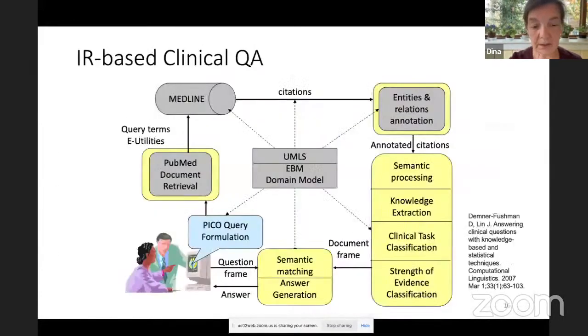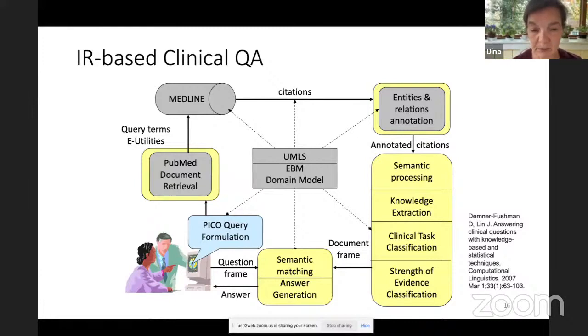So we can now center our system on that knowledge source and use the evidence-based medicine framework to build that pipeline that will hopefully give us the good answers in real time and with sufficient support for the clinician to drill down to the raw evidence that is presented in the literature.